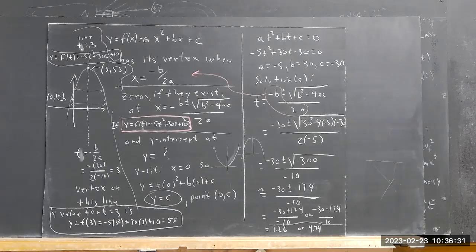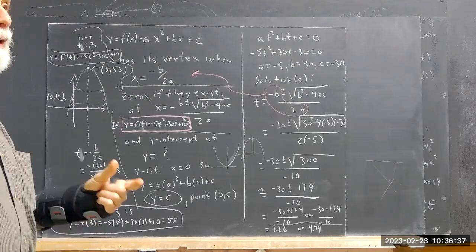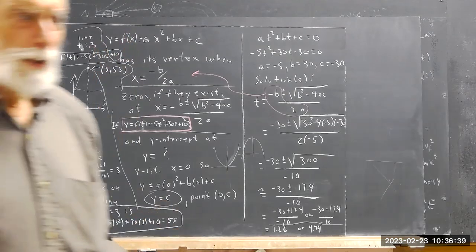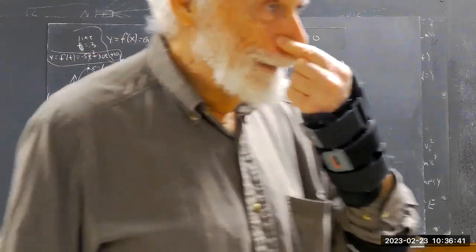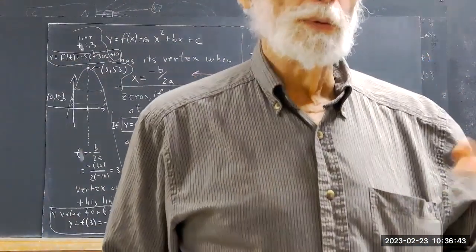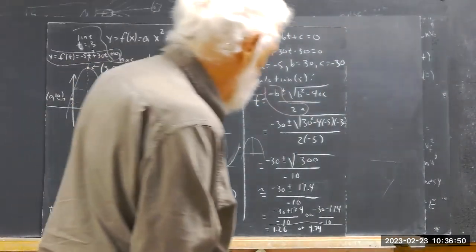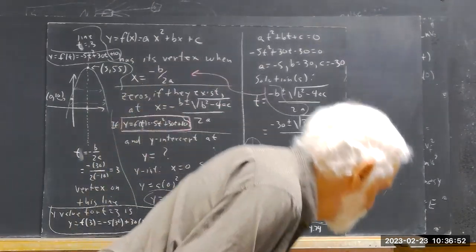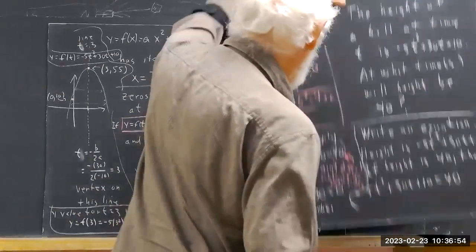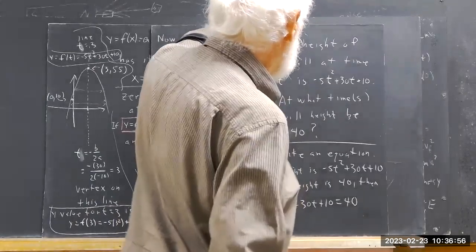Now, can you draw the line y equals 40? Yeah, rain's falling kind of hard on the roof. Can you draw the line y equals 40? And why would you draw the line y equals 40? It's because of our original problem. Oh, just a second.